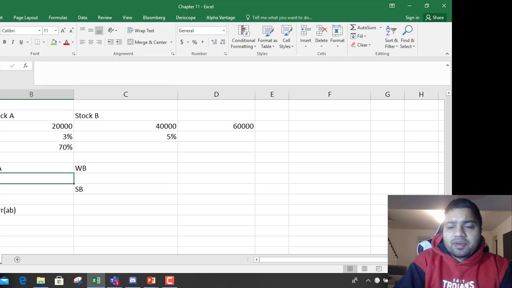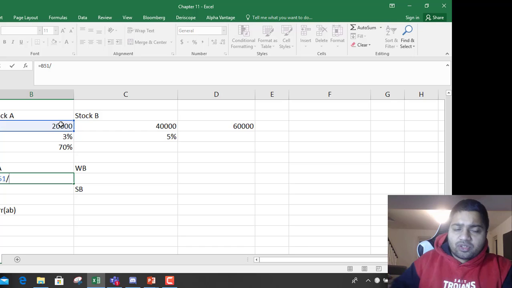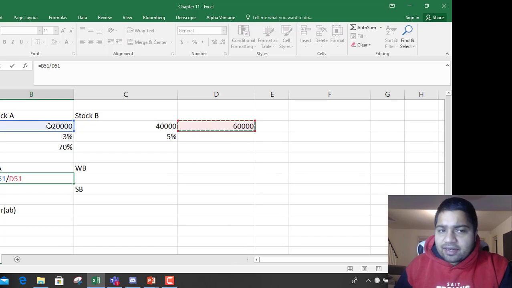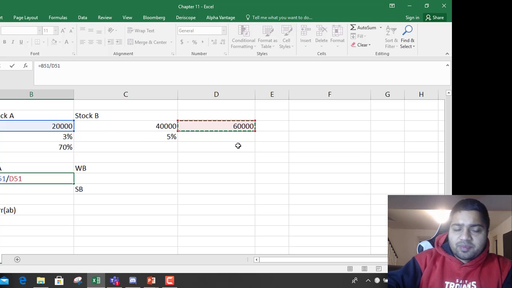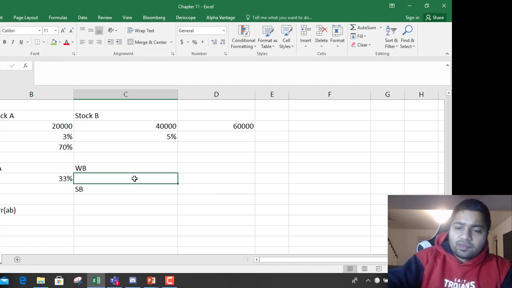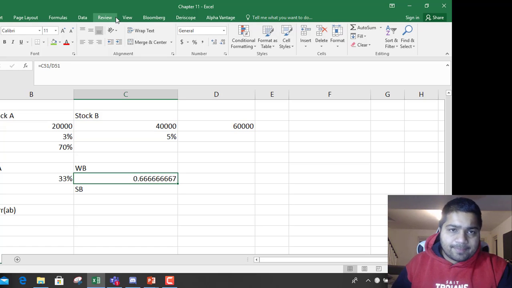Weights are not given, but we can find them out. 20 grand in stock A divided by total investment 60, so the weight is 33%. 40 grand in stock B divided by total investment 60, so 66%, 67%.